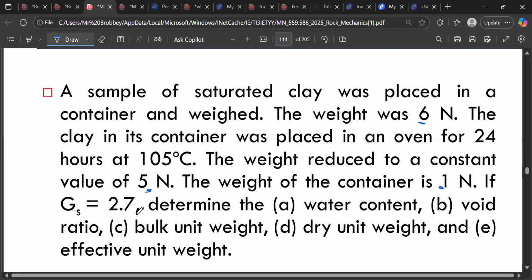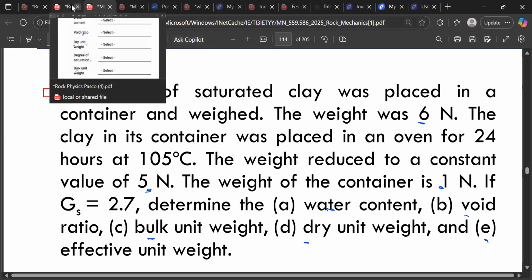GS is 2.7. Determine A, the water content, B, the void ratio, C, the bulk unit weight, D, the dry unit weight, and then another parameter, which is a new guy here, which is the effective unit weight. But we have seen it yesterday in our formulas. It was around formula number 5.